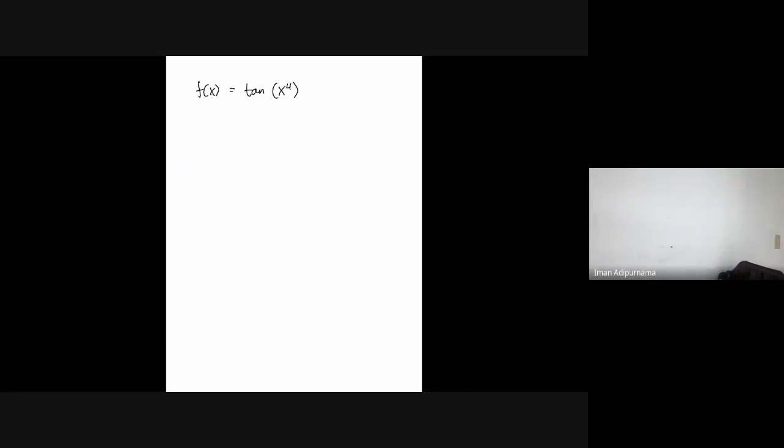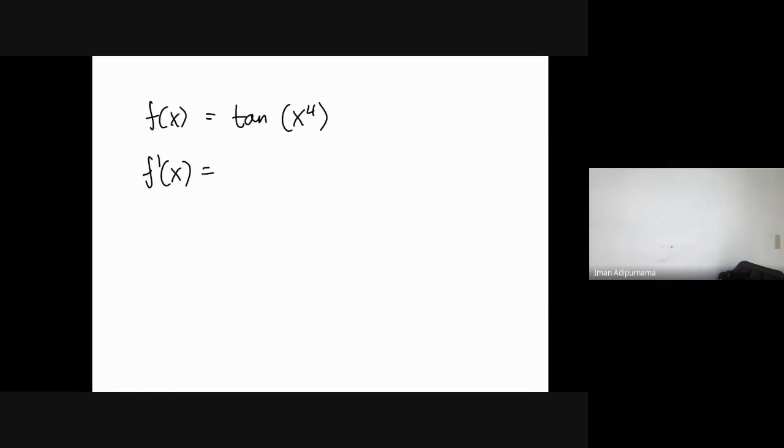So tangent, what is the f prime of tan(x to the 4)? The first derivative of tangent is what? Secant, right? Secant. So let me write using blue color here.